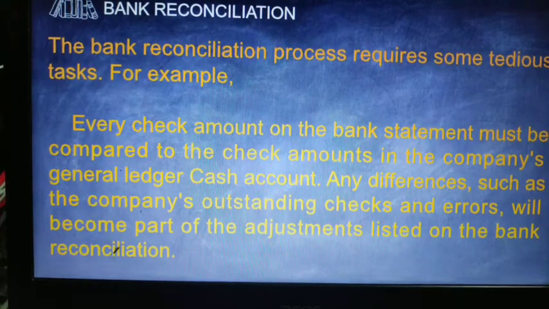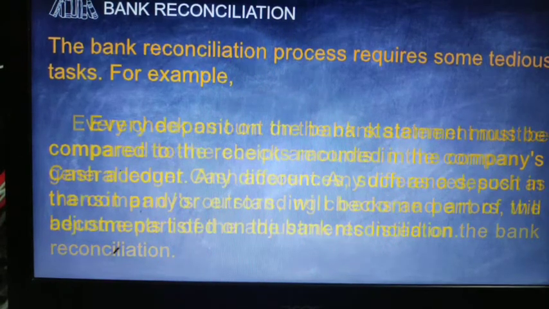Any difference, such as the company's outstanding check and errors, will become part of the adjustment listed in the bank reconciliation. So, the bank checks it carefully if there are any errors or outstanding check.